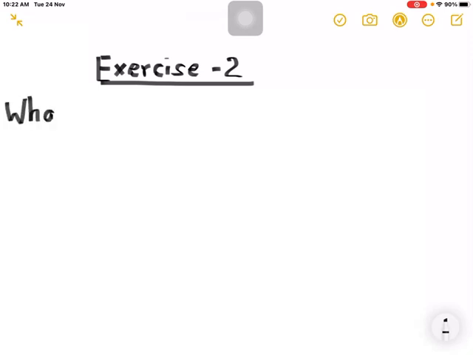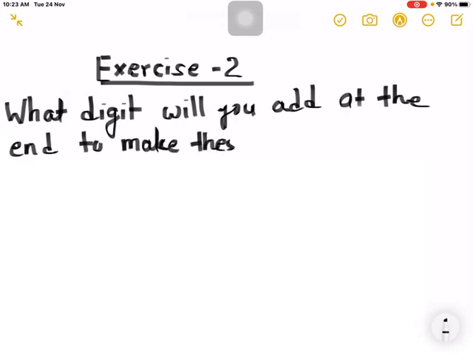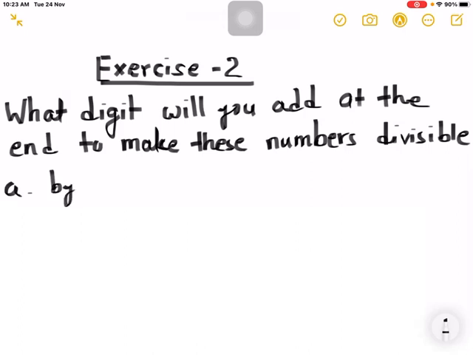What digit will you add at the end to make these numbers divisible by 2?